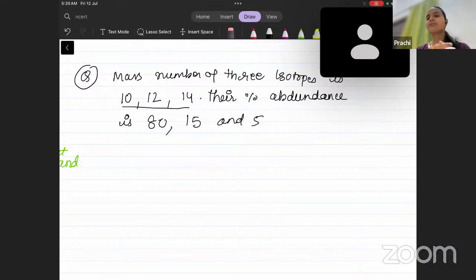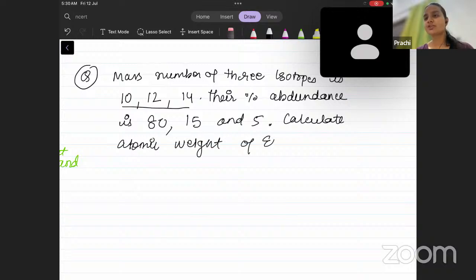Now you have to calculate the atomic weight of the element. You have to be very quick with your calculations, okay? I'll give you 1 minute. Calculate this and tell me the atomic weight of the element.